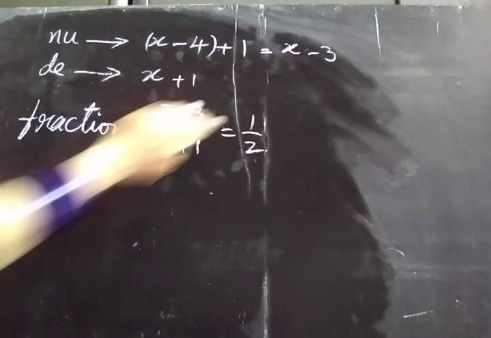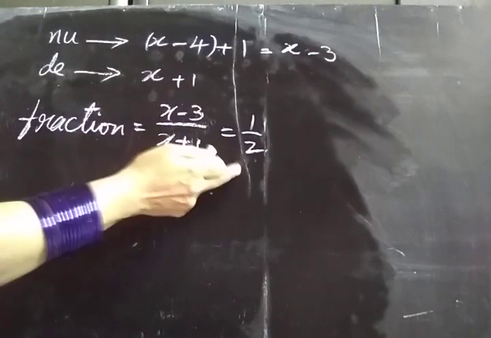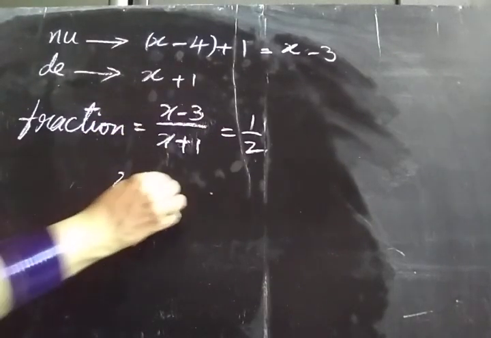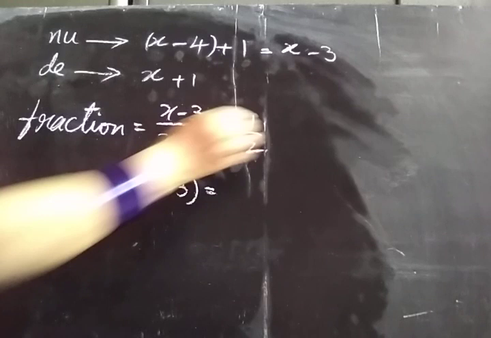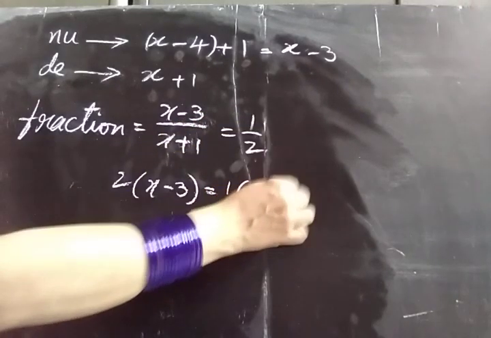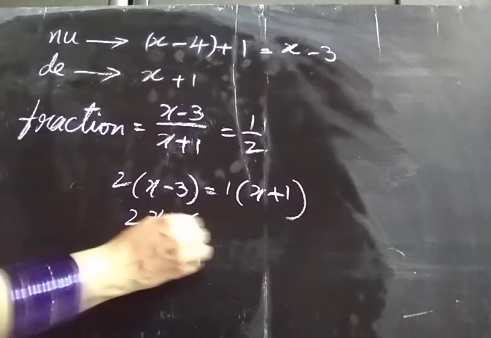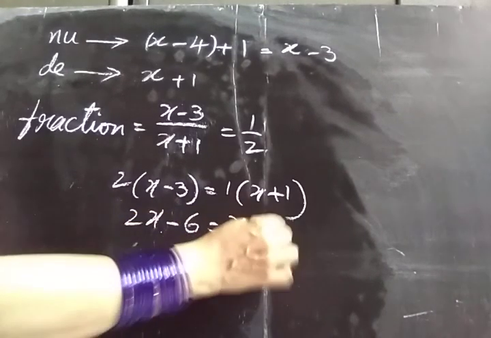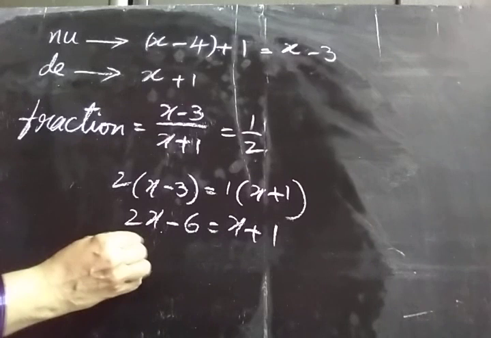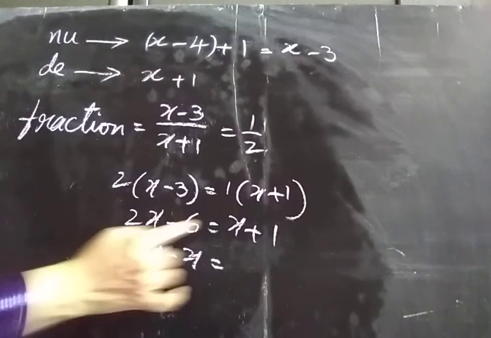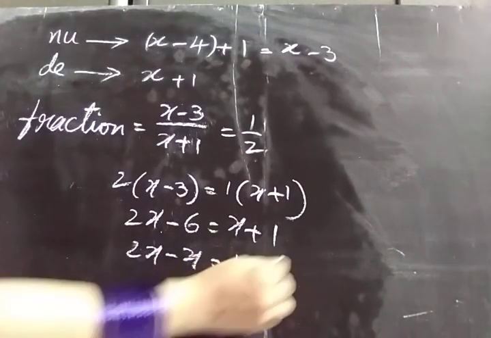As usual, cross multiplication you have to do. So 2 into x minus 3 is equal to 1 into x plus 1. So 2 into x, 2x minus 2 into 3, 6 is equal to x plus 1. Transpose x here, 2x minus x is equal to minus 6 transpose that side, 1 plus 6.